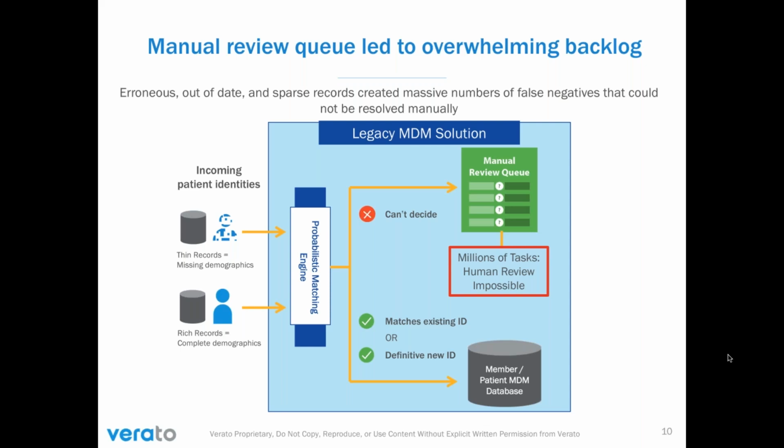But if 10, maybe 15, maybe even 20% of the identities that you feed into this end up in this manual review queue, then you're falling short of the business case that you set for MDM by that same 10, 15, 20% margin. So you're definitely not living up to the business case that you had hoped to get. This is certainly something we've seen from payers.